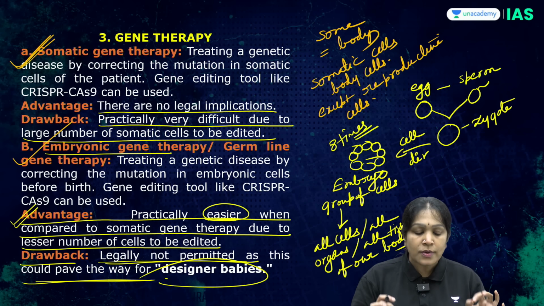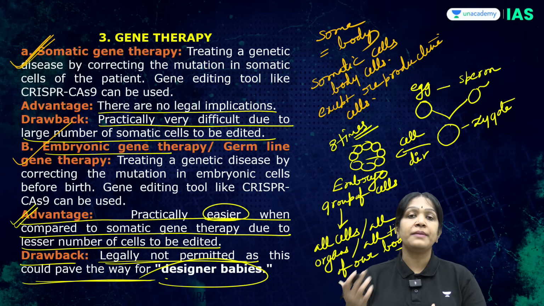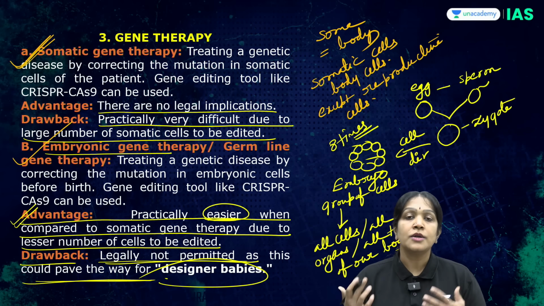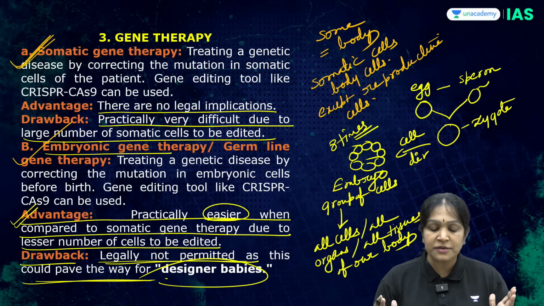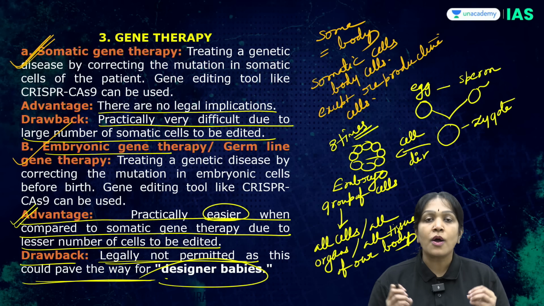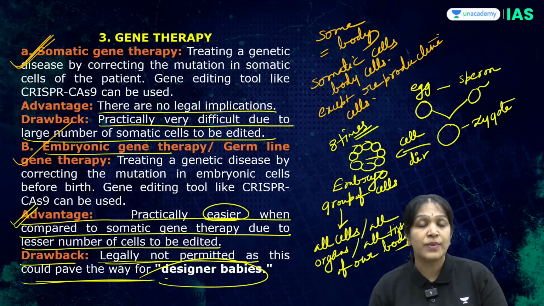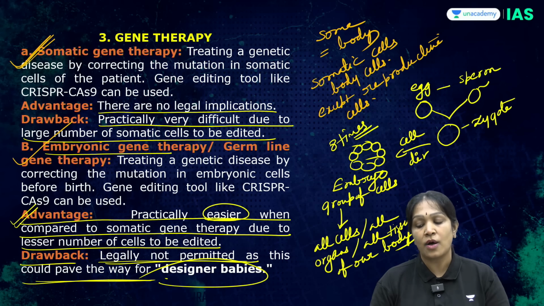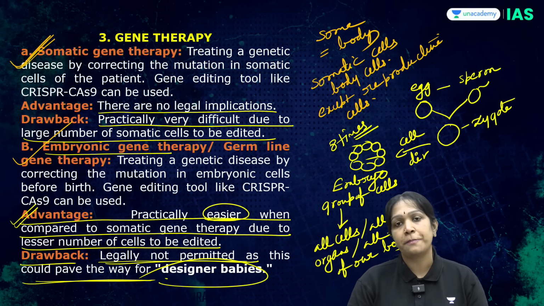So therefore, though the embryonic gene therapy is very good, though we can do that, because it can be misused to make the designer babies, there is no legal permission for embryonic gene therapy. Not only embryonic gene therapy, we don't have legal permission for dealing with or modifying the human embryos for any purpose.